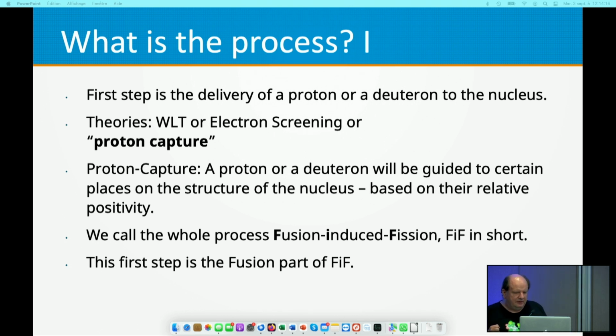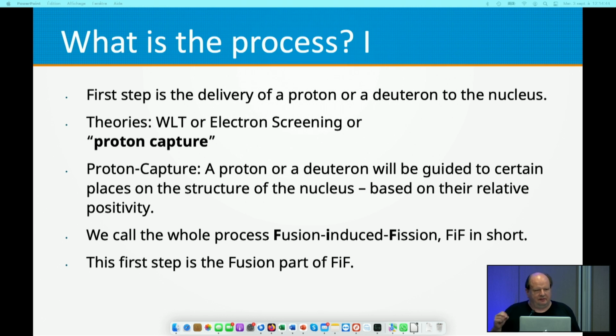Whatever the real thing is, we need to have some new protons into the nucleus to make it grow, to have a fusion basically. So we call this process FIF in short. This is fusion-induced fission. And this part here of the process is basically the first part, the fusion process.